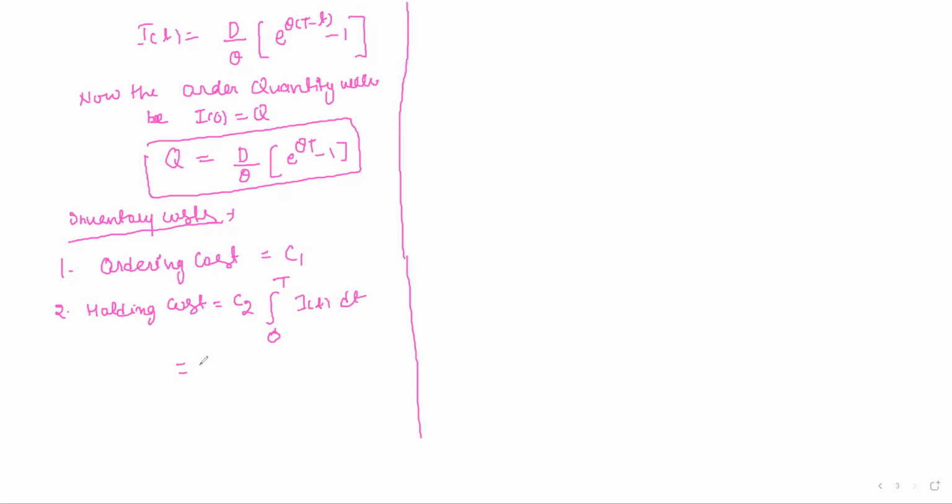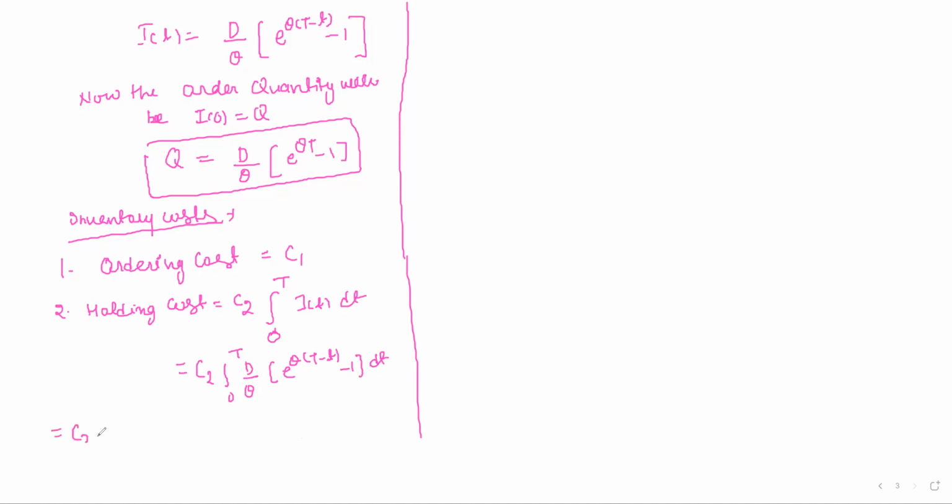So now it becomes C2, and we can put the value of I(t) here. So this will come d by theta, e to the power theta t minus 1, dt. Now we can easily integrate it.